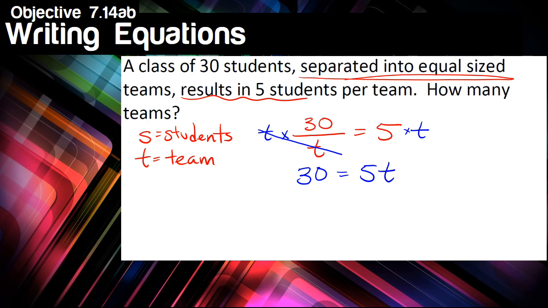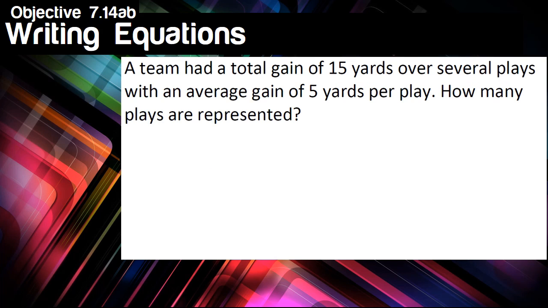So our next step, now we have 30 equals 5T. Now we can divide both sides by 5 to figure out that T is equal to 6. And so when we write this out, T is going to be equal to 6 teams. And make sure you put a nice proper label on that.